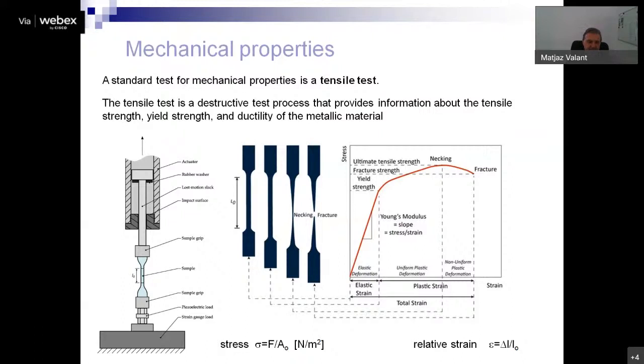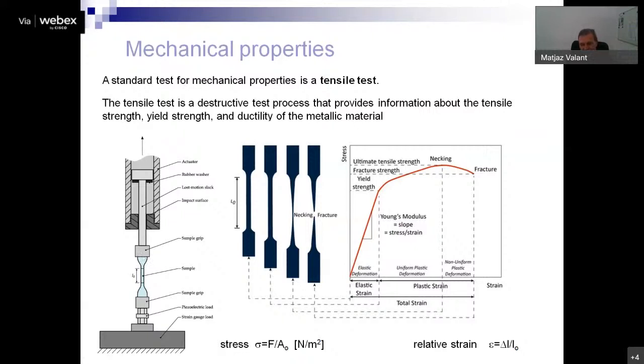So what you see here is a sample that we have to prepare for this tensile stress. And we clamp this sample with the ends, these white ends, into the instrument, which is capable of applying the tensile stress on this particular sample. Now, really, it is tearing it apart.